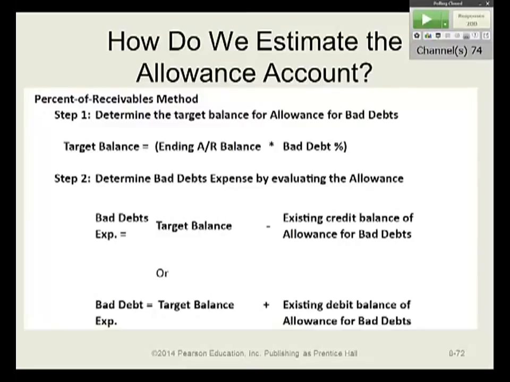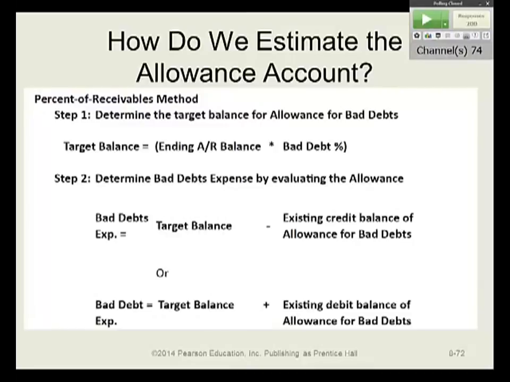So the target allowance is 10% times 500, which is 50. What is my bad debt expense? The bad debt expense is going to be $10. Why? Because I already have 40 in there.